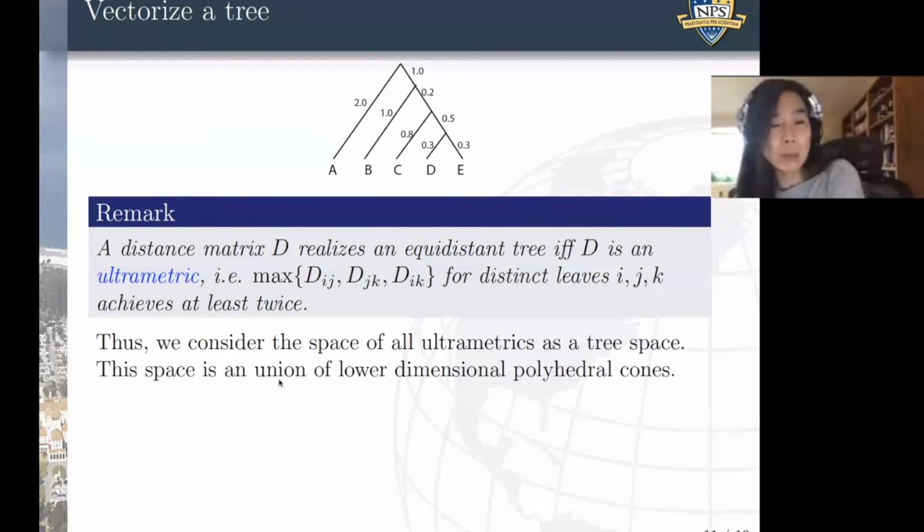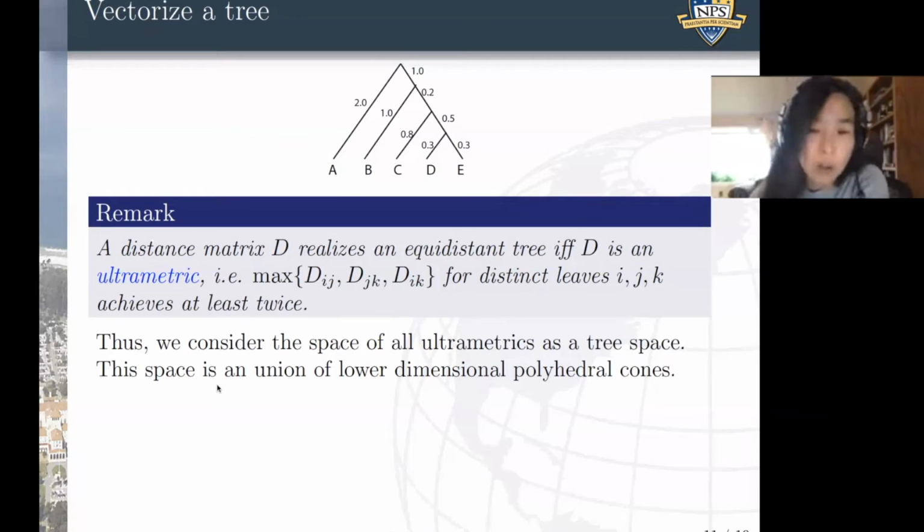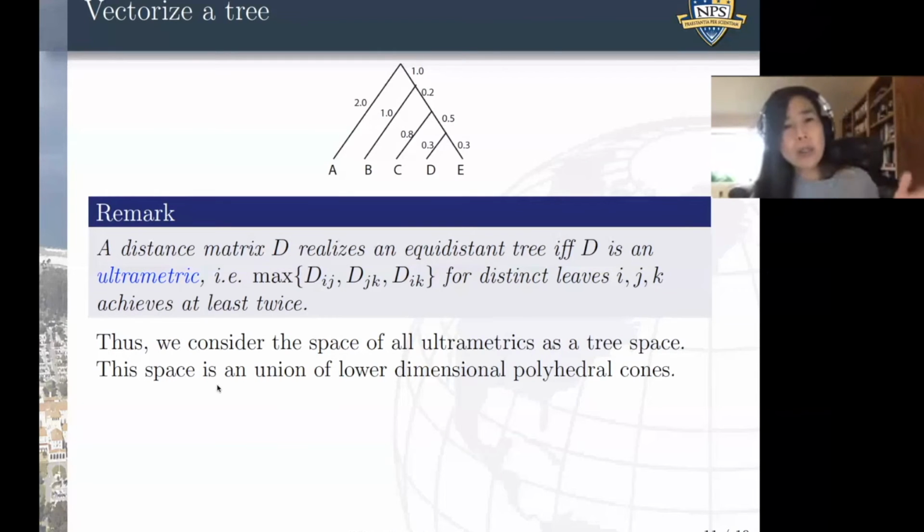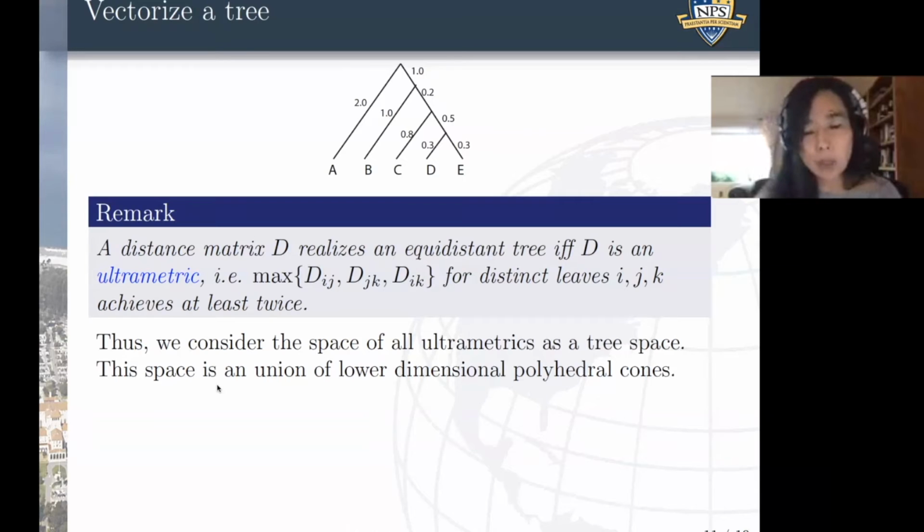And as I explained before, this space is a union of lower dimensional polyhedral cones. So, when we are trying to develop PCA or any kind of machine learning method over the tree space, it's not so easy because it is a union of lower dimensional polyhedral cones.